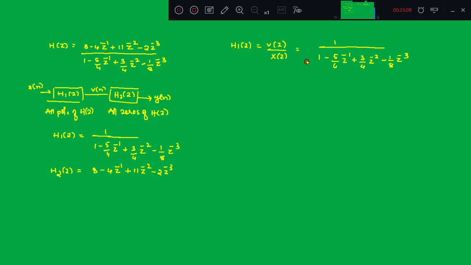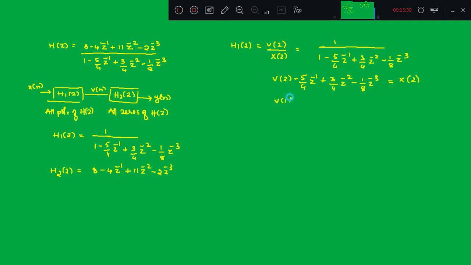So do the cross multiplication so that V(z) times 1 minus 5 by 4 z raised to minus 1 plus 3 by 4 z raised to minus 2 minus 1 by 8 z raised to minus 3, which is equal to X(z). Next is perform inverse z transform.